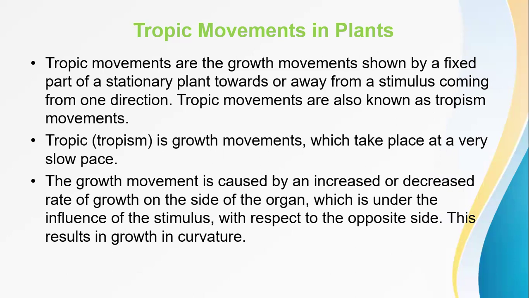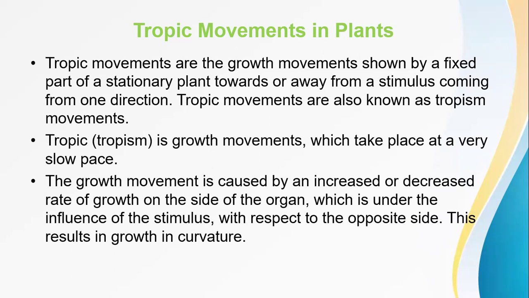Now, the tropic movements are also known as the tropism movements. Now, the tropism is growth movements which take place at a very slow pace. So the tropic movements or the tropism, as we said before, are the growth movements. So they only take place at a very slow pace, whereby you can hardly notice it within a very short time.